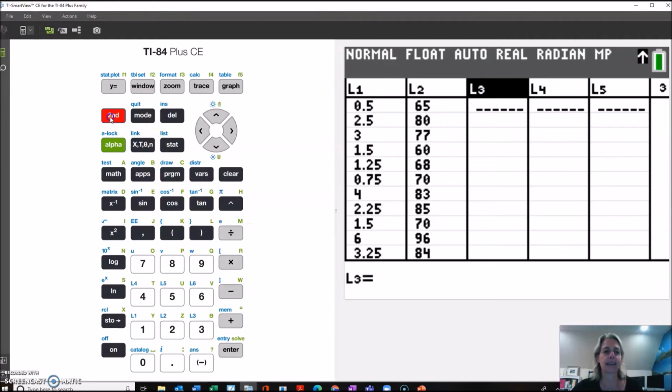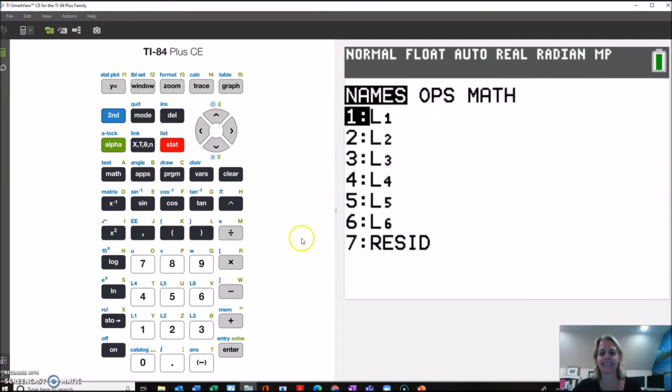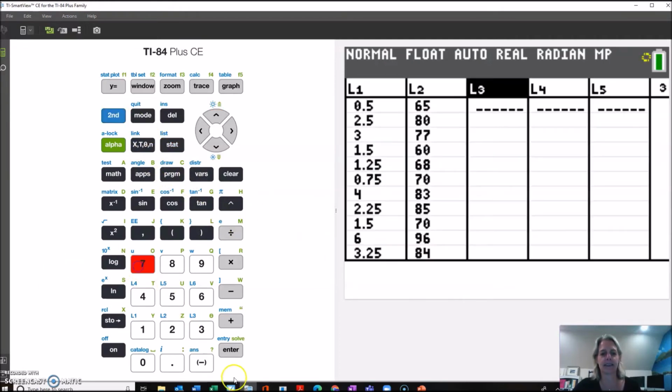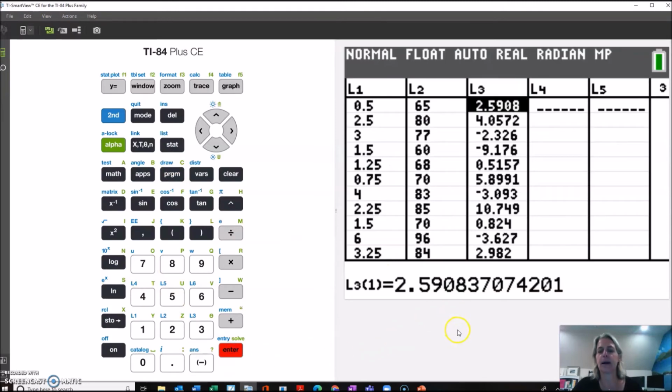So I'm just going to click on second list, again pick number 7, and what that does is it will populate the residuals for each of my data points right here. So this would be Nancy's point. She studied 4 hours, she scored an 83 on the exam, and then we calculate her residual would be negative 3.093.